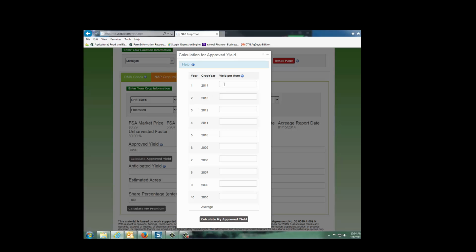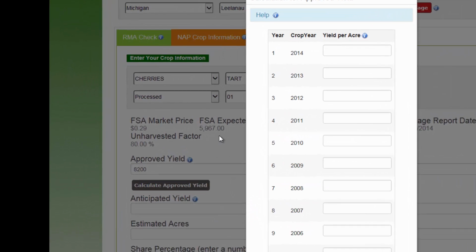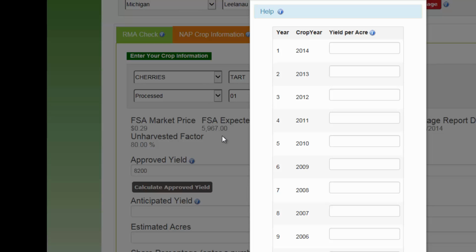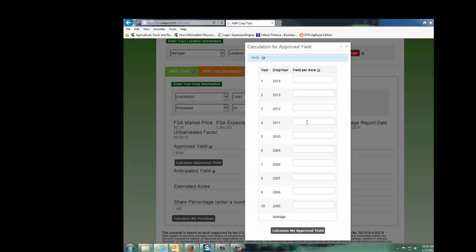If you enter fewer than 4, they're going to have to incorporate this FSA expected county yield. If no yields are available, they're going to take this 5967, multiply it times 65%, and that will be your yield for each of the last 4 years.